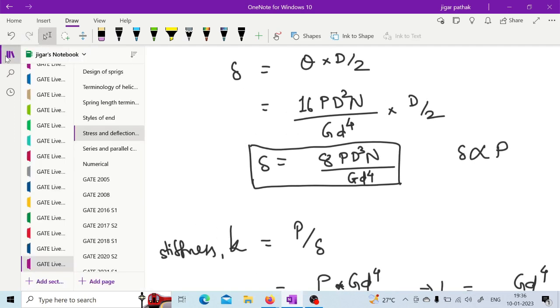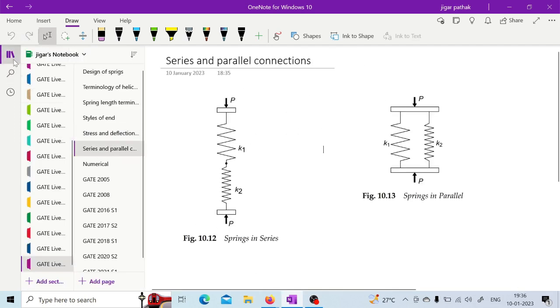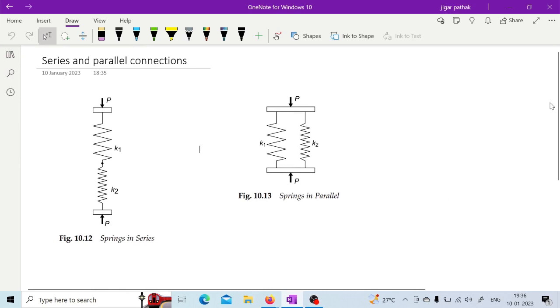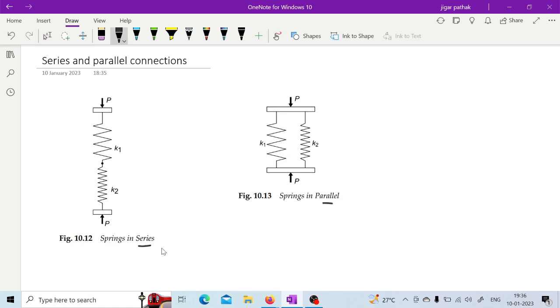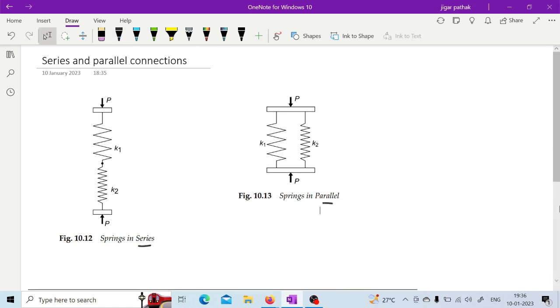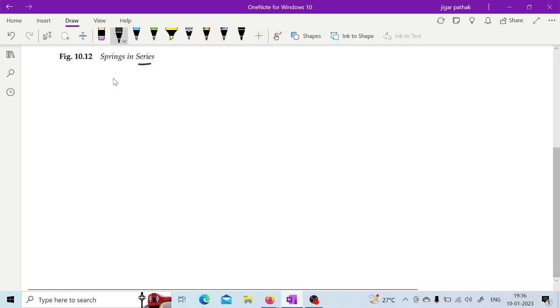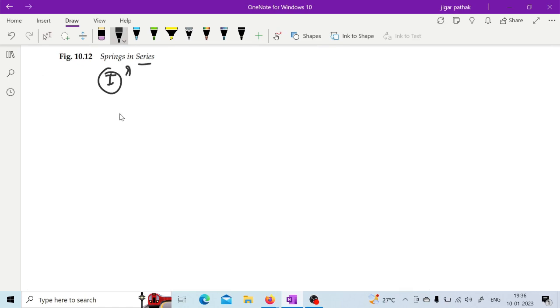Before going to the numerical, one more important concept in case of springs is springs in series and parallel. Taking them one by one, first springs in series. When you apply load, the total deflection will be the deflection in spring 1 plus the deflection in spring 2.